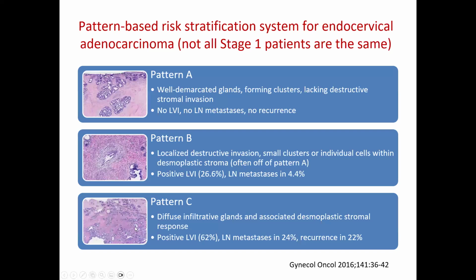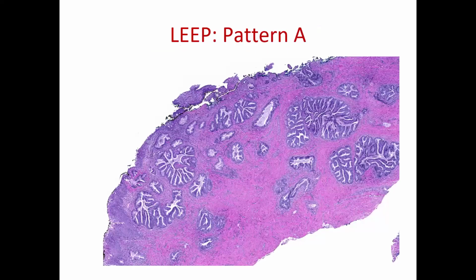Pattern C is when you have destructive diffuse infiltration, and those usually have LVI, a big portion of those will have lymph node metastasis, and they will recur. So that is the patient who gets the radical hysterectomy. This information in your report on a LEEP will guide the gynecologist for the right surgery.